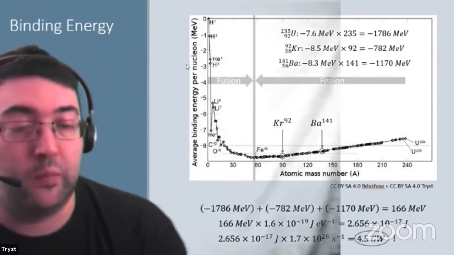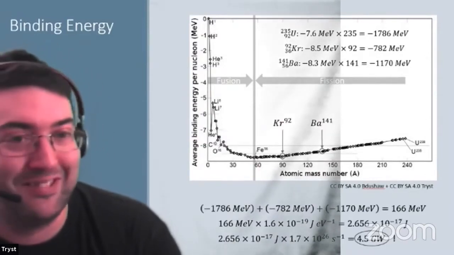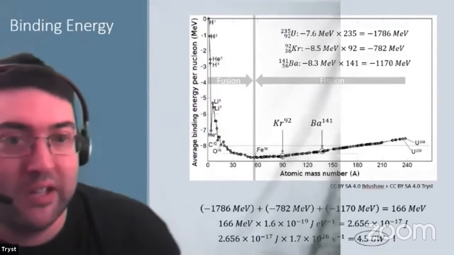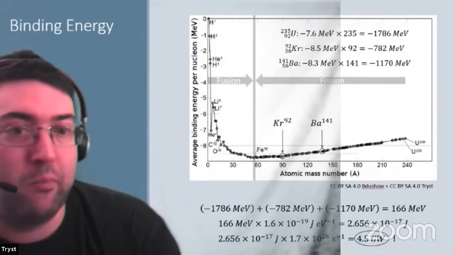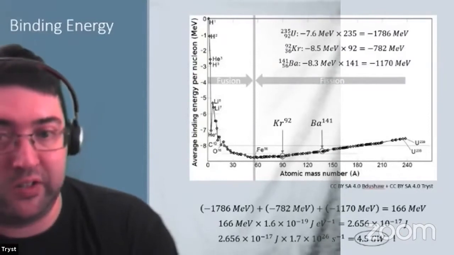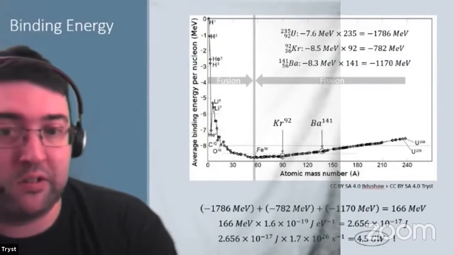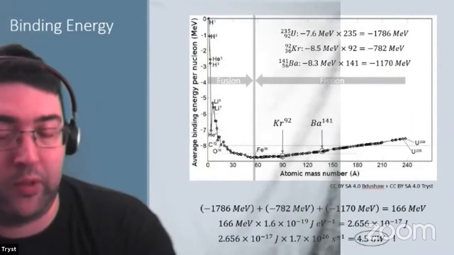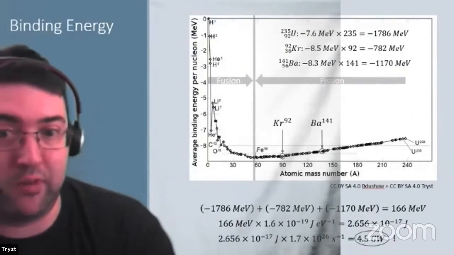So that energy, which is where we were starting with this. Krypton-92 and barium-141 have binding energies of 782 and 1,170 megaelectron volts, respectively.